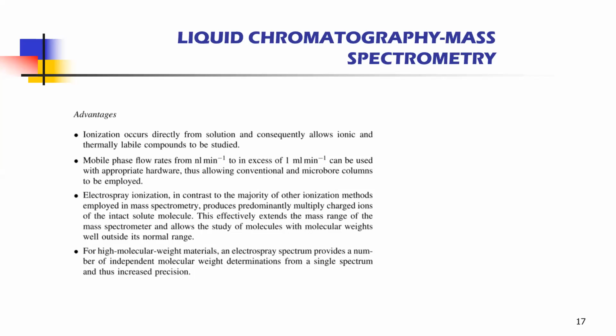For high molecular weight material, an electrospray spectrum provides a number of independent molecular weight determinations from a single spectrum, and thus increased precision. So a single spectrum can give independent molecular weight determinations for each individual analyte or species in the sample. These are all advantages making electrospray a more compatible technique for interfacing LC with MS.